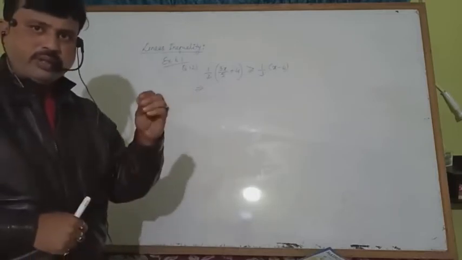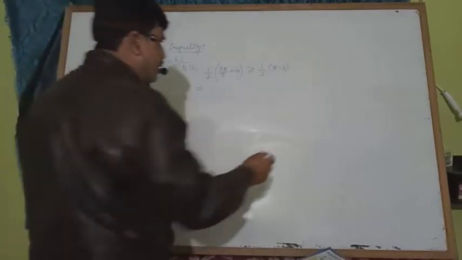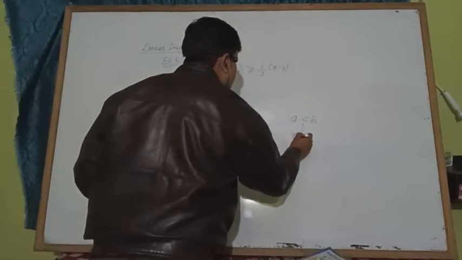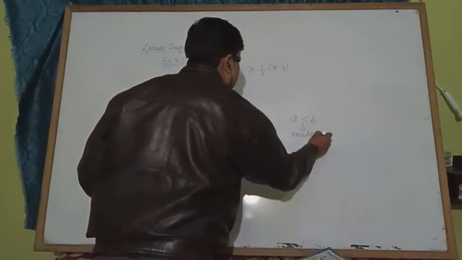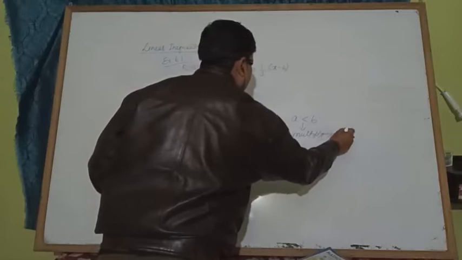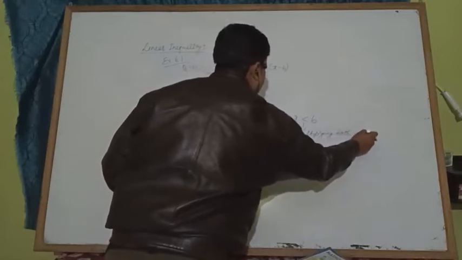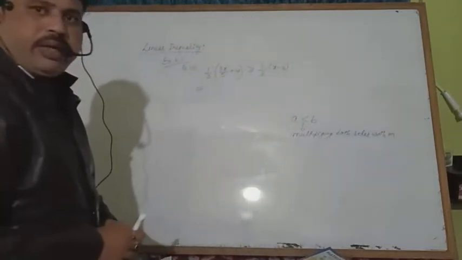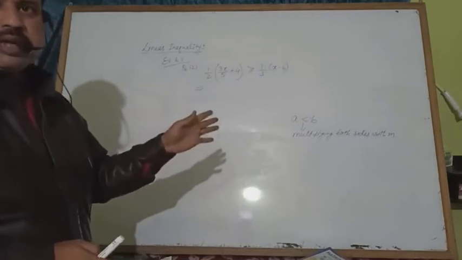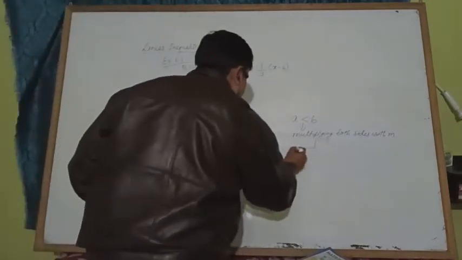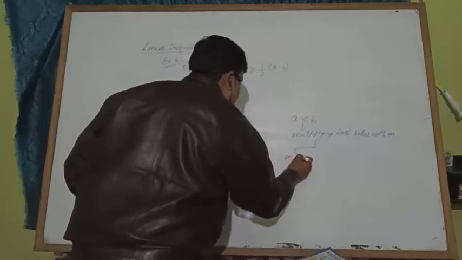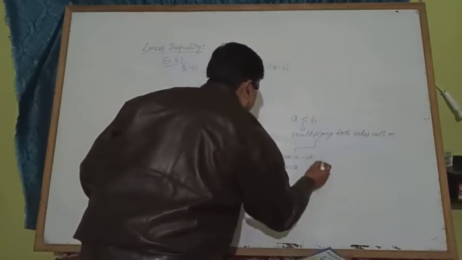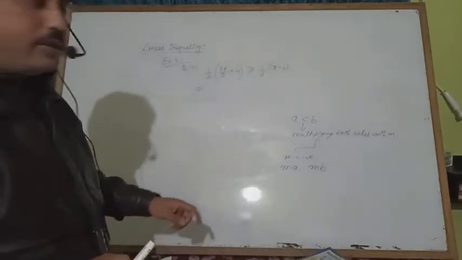If you remember, if a is less than b and you are multiplying both sides with m, it depends whether m is positive or negative. If m is negative, then when you multiply both sides, ma and mb, you have to change the inequality sign.